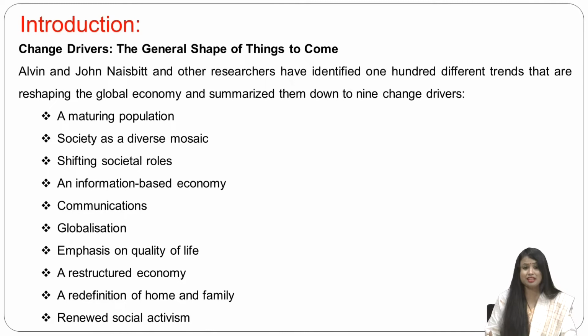So the 9 change drivers start from a maturing population, then a society as a diverse mosaic, then shifting societal roles, then an information based economy, then communications, then globalization, followed by emphasis on quality of life, then a restructured economy, then a redefinition of home and family, and the last one is renewed social activism.